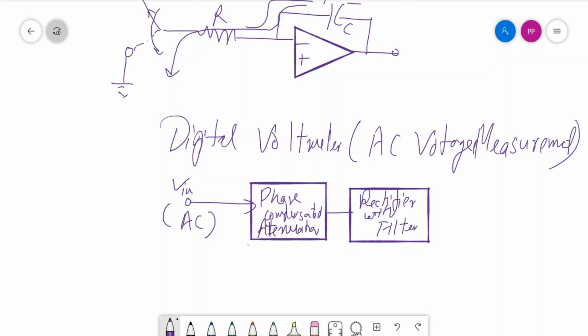There are different kinds of rectifiers. We have first the full wave rectifier, then the bridge rectifier, then the bridge rectifier with capacitor filter. Their output will depend upon the kind of rectifier circuit you are taking.